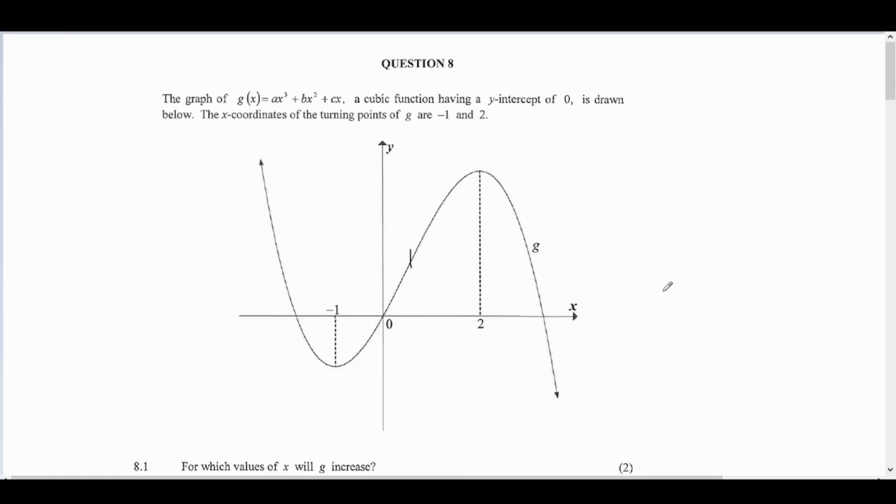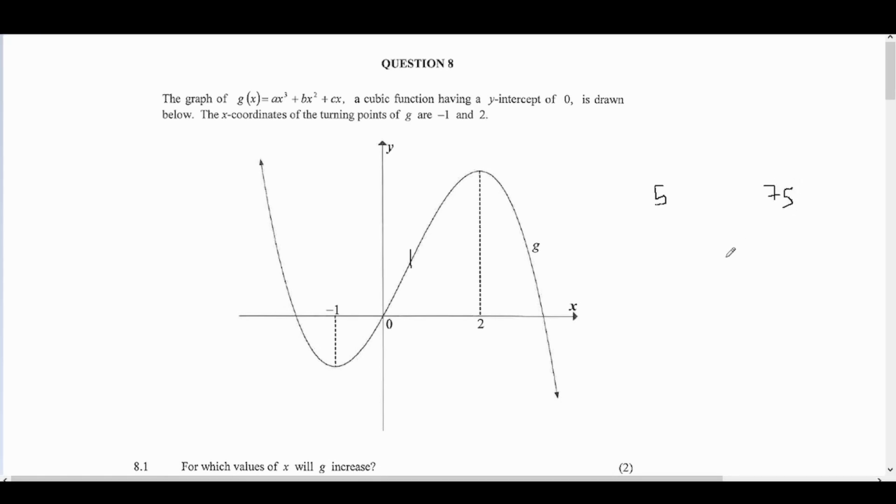For example, if I had the number 5 and the number 75, and I asked you to calculate the midpoint between these two numbers, you would just add them together, and that will give you 80, and then you divide 80 by 2, and this is 40. So even without having to memorize it and try and count, you can just say that the midpoint between these two numbers is 40.